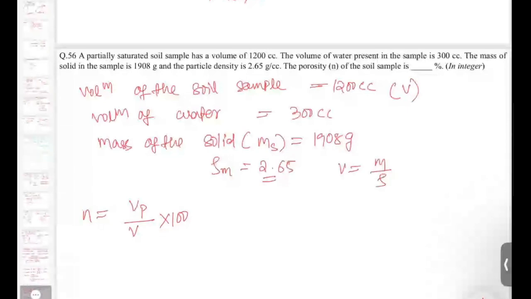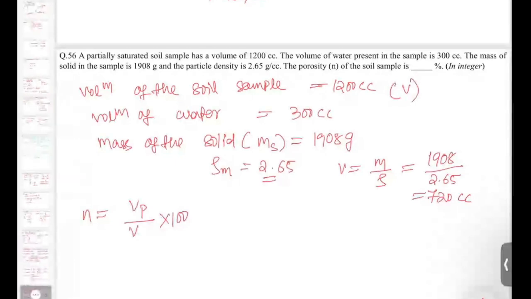Okay, you are given the mass of this solid as 1908 by your density, this is 2.65. So this should be equal to 720 cubic centimeter.